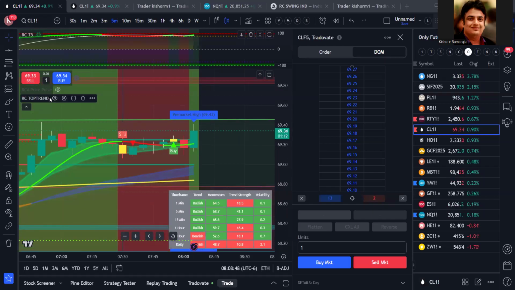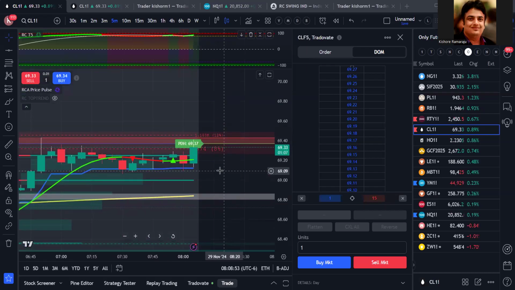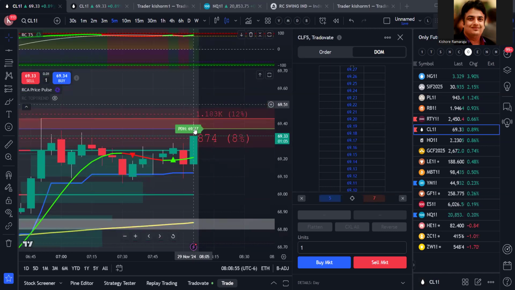It is a little risky trade just because of these sell orders. There are nearly 1,000 plus sell orders here.